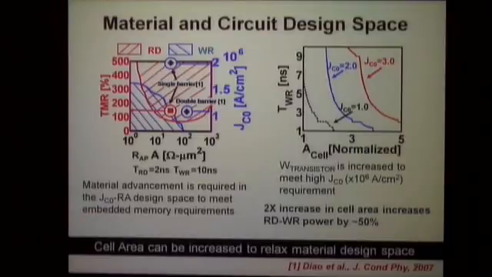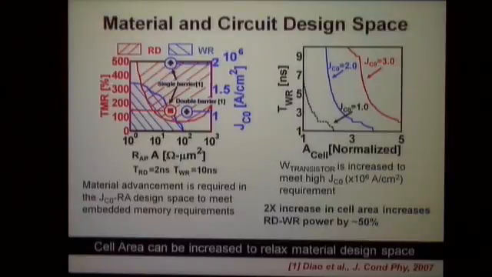Finally, if I take the read and the write together and plot it together, we can have a typical plot where we can plot the TMR, the RA product, and the JC. And we see that there are certain devices. The blue area and the red areas are the ones where we need to be in order for us to have both successful reads and writes.